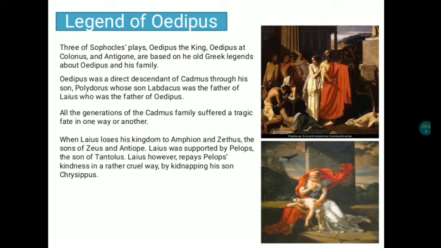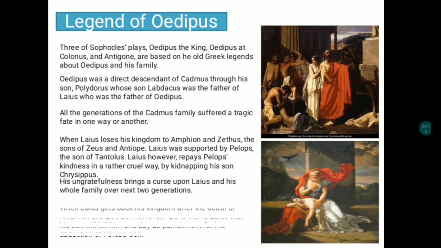Laius was supported by that man Pelops, but instead of doing any justice to him, Laius captured Pelops' son, Chrysippus. It is an ungrateful incident, and this ungratefulness brings a curse upon Laius and his whole family over the next two generations, cursed by the god Apollo.